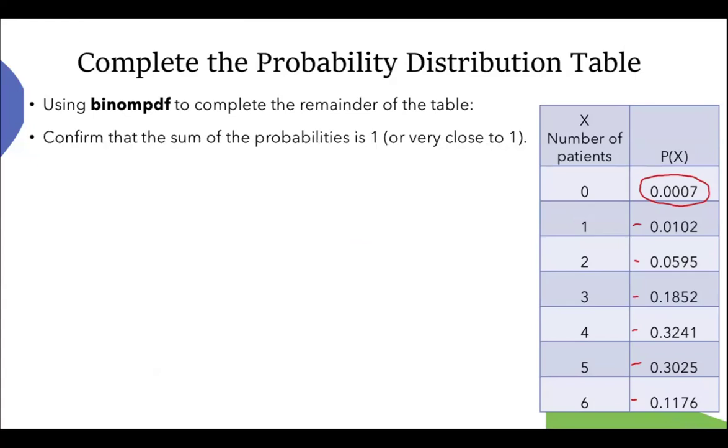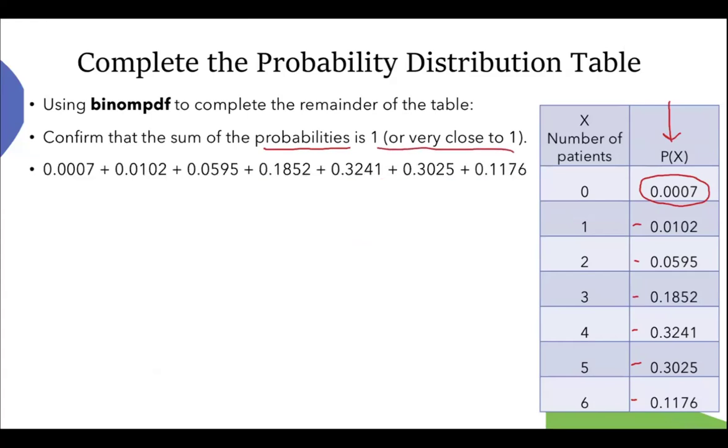And we can answer these questions now. First, let's confirm that our probabilities sum up to 1. Now, since we rounded all of these probabilities, it's possible that when we add them up, we're not going to get something that's exactly 1, but it should be close to 1. So if we add them all up, you're going to see that we do get something close to 1.